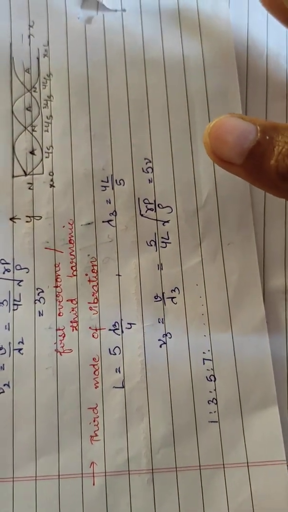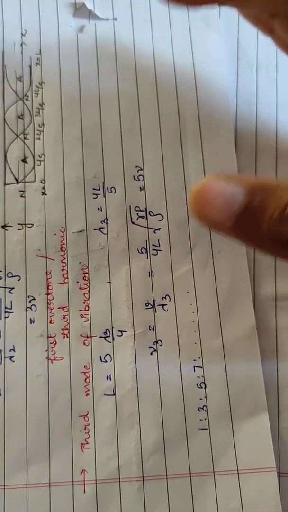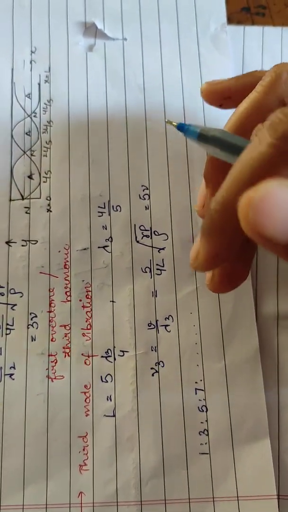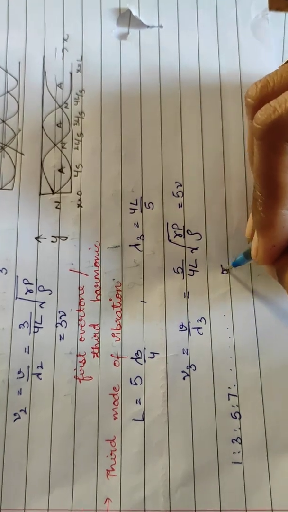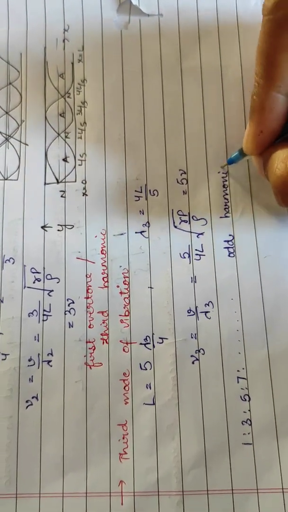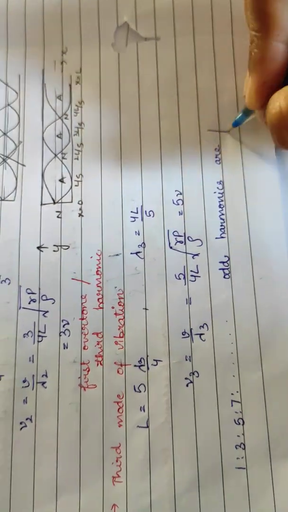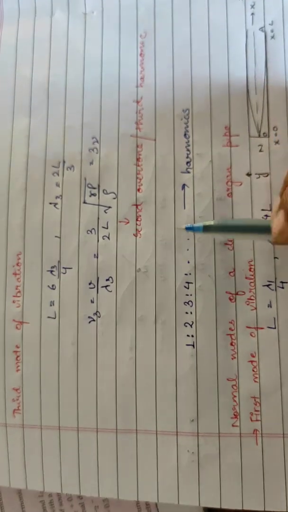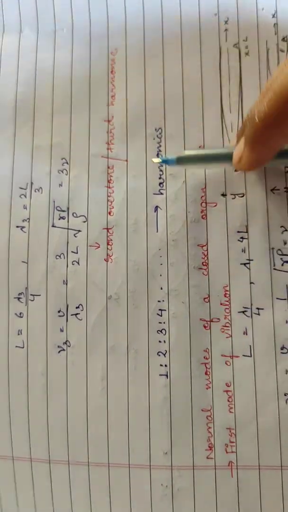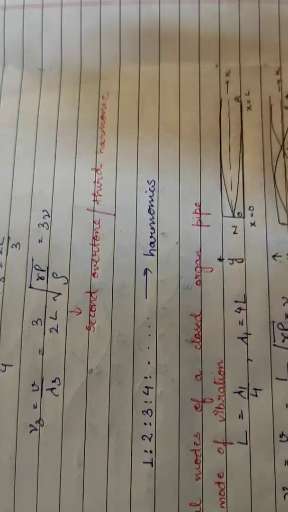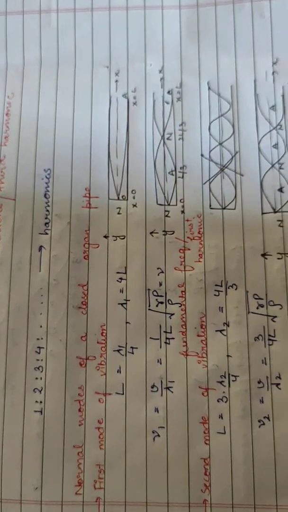So for a closed organ pipe, only odd harmonics are present, whereas this was not the case with the open organ pipe. Here you can see odd harmonics as well as even harmonics were both present. I hope all these things were clear to you.